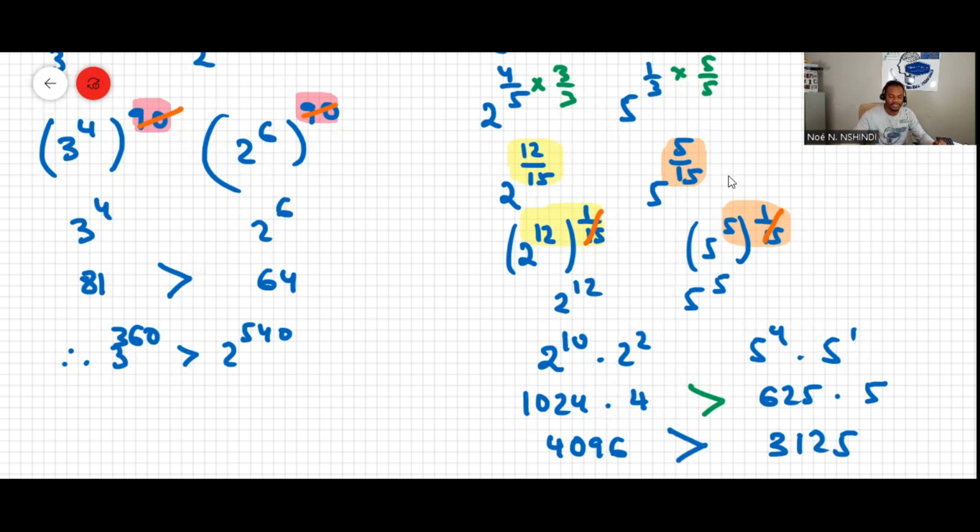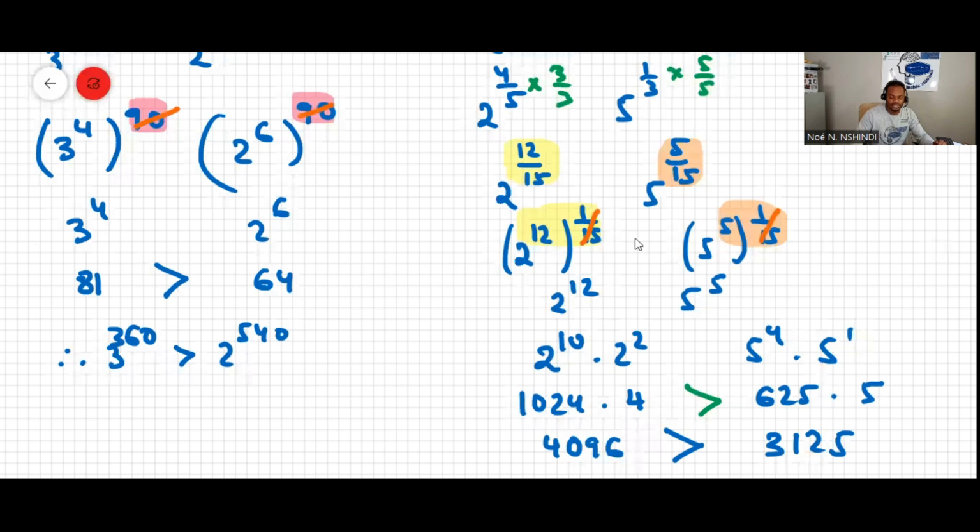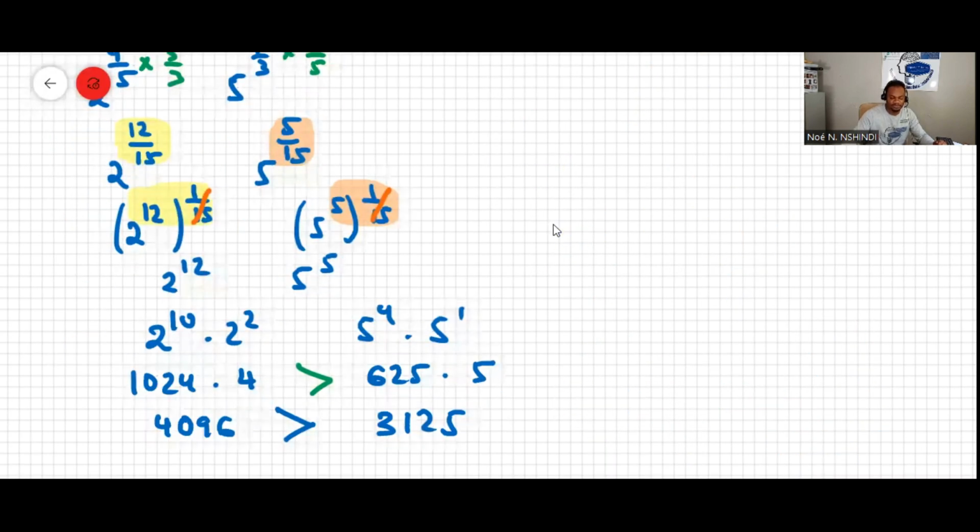Okay. Or you can use smaller exponents: 2 to the 12 compared to 5 to the 5.